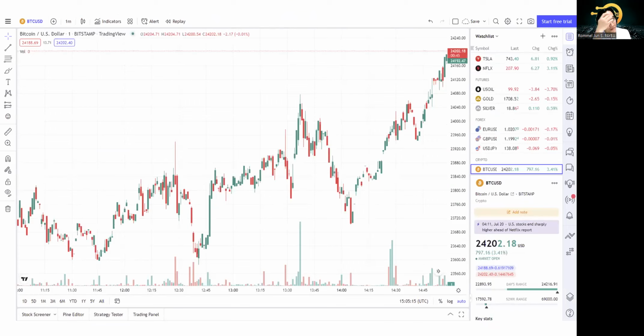Or how about this one? Are you guys familiar with this? This is TradingView. It's a website that shows the price movement, traded volume, and other important information regarding the status of cryptocurrencies, stocks, and even foreign exchange.